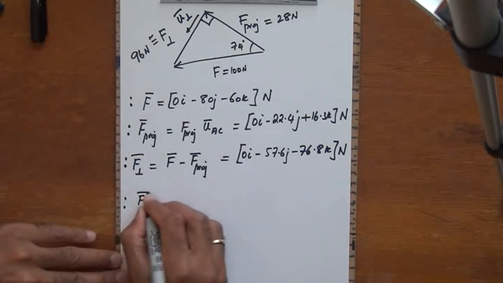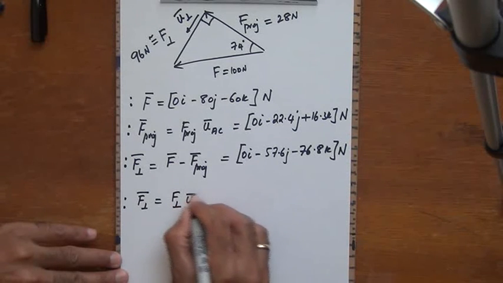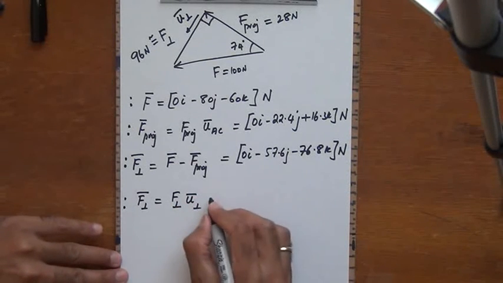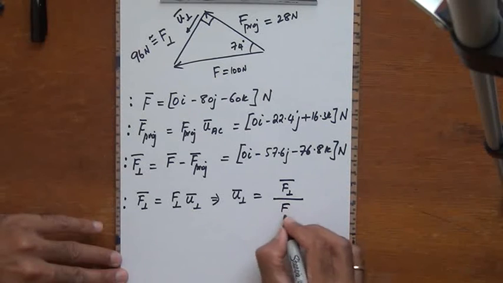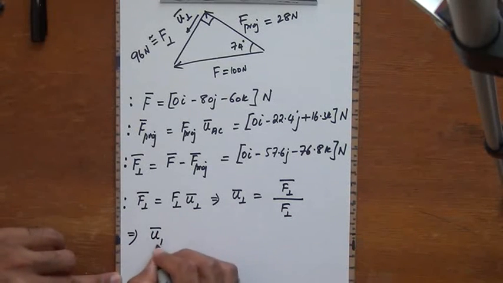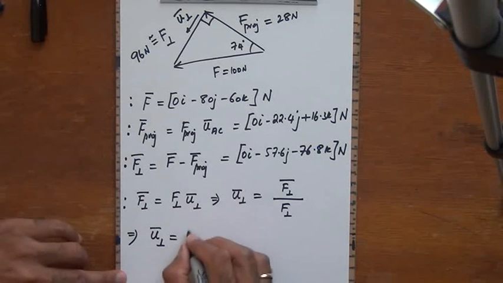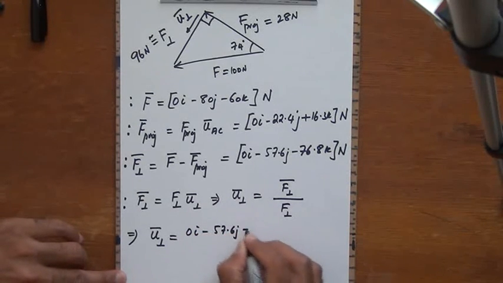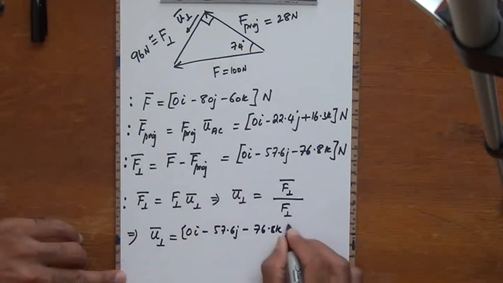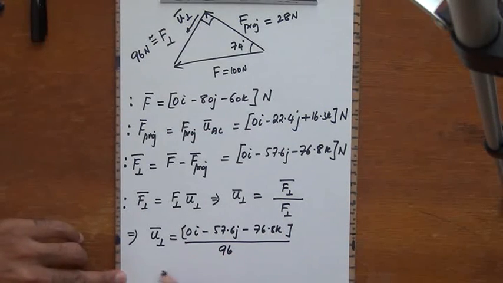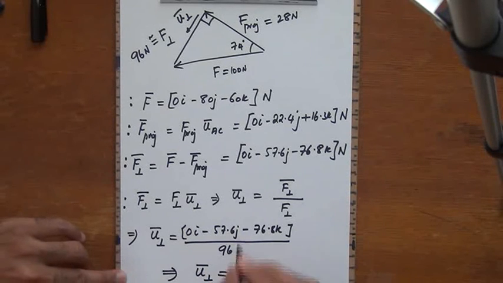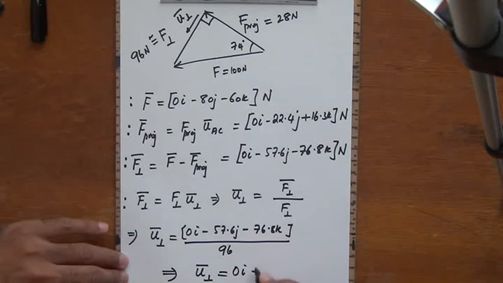I know that F perpendicular is magnitude times its unit vector, which means U perpendicular is the vector F perpendicular divided by its magnitude, and so U perpendicular is the vector which is 0I, minus 57.6J, minus 76.8K divided by the magnitude of F perpendicular, which was 96 newtons, and so U perpendicular, after doing the simplification, is 0I approximately minus 0.6J and approximately minus 0.8K.